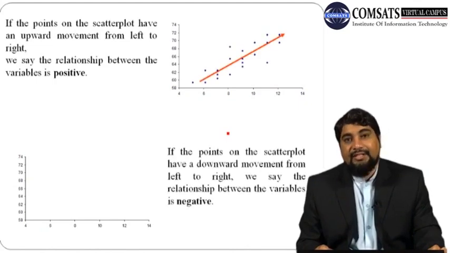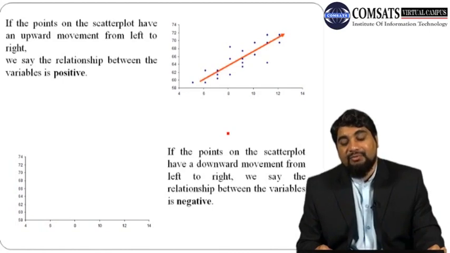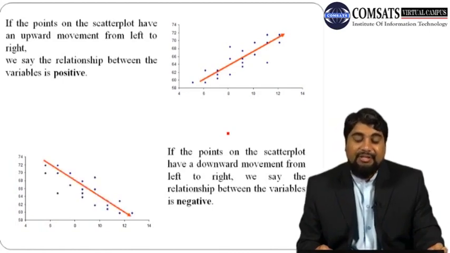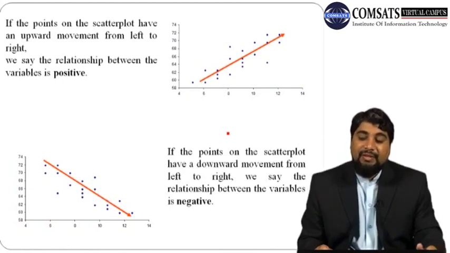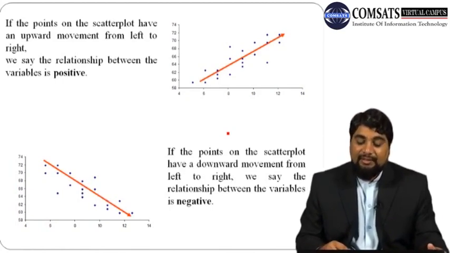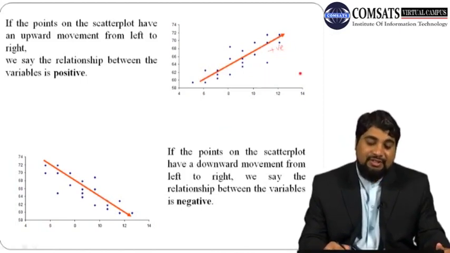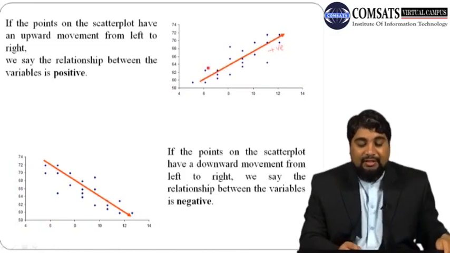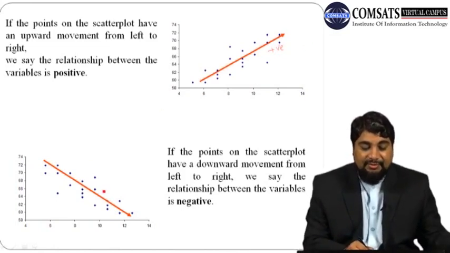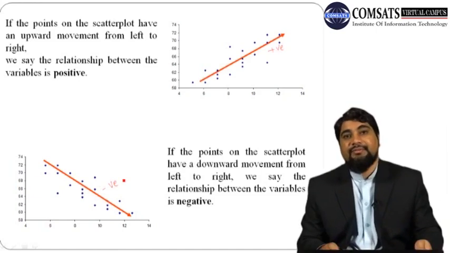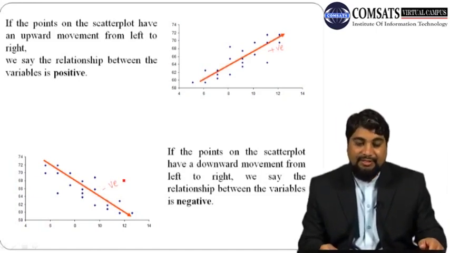If the points on the scatter plot have a downward movement from left to right, we say the relationship between the variables is negative. If the slope of this line is positive, we have a positive relation, and if the slope is negative, we have a negative relationship between the two variables.